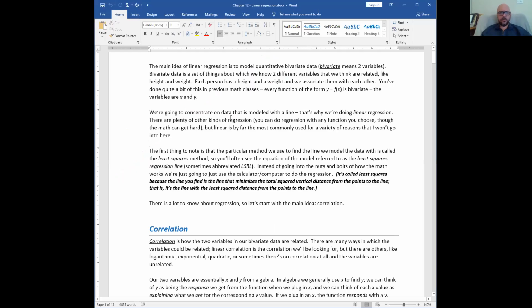Just a couple details here. There's lots of kinds of regression. You can do regression with any function potentially. However, we're only going to concentrate on linear regression. However, the lessons that you learn from linear regression can be applied to the other kinds, but we're not going to go over those.